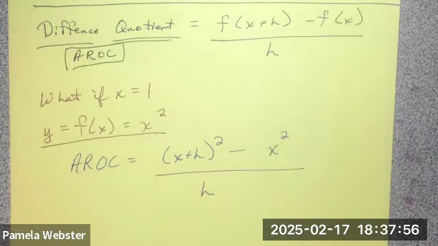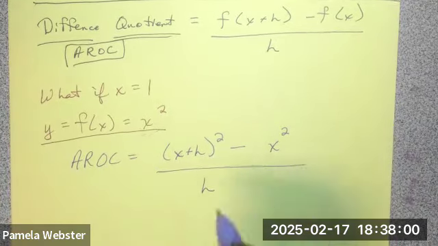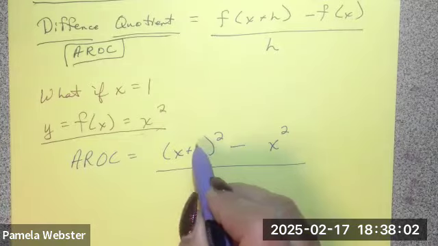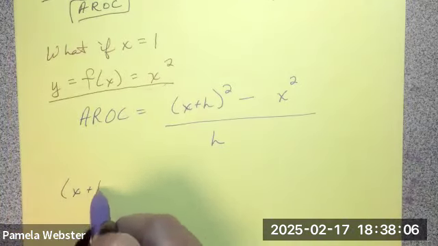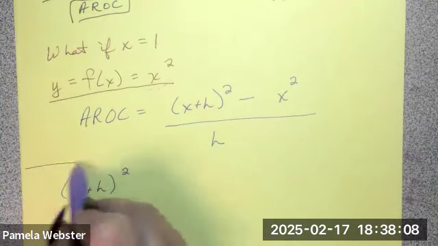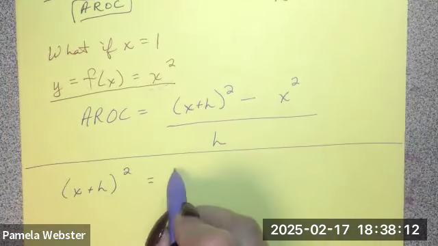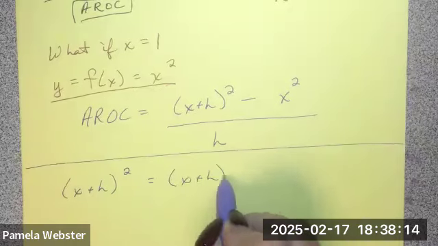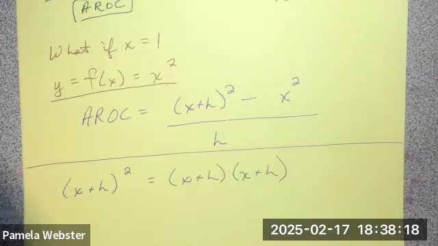Now, we did a little bit of this when we were doing the algebra review. Okay, so what happens here? If you don't remember, a lot of people think that that's the hardest step. So let me do this one separately so we can see what's happening. This is really saying x plus h times x plus h. When I square something, it means that thing times itself, right?